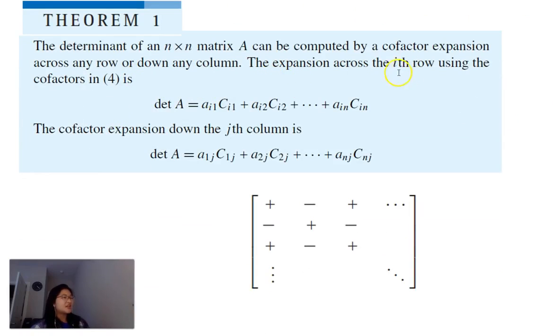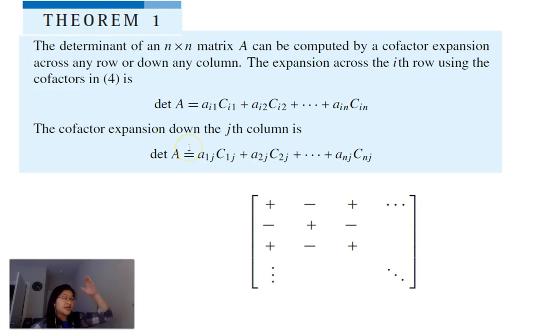So, our expansion across the ith row using the cofactors is determinant of A is equal to our A sub i1 times our cofactor, which is that -1 to the i plus j, so this would be i plus 1 power, times our determinant of the submatrix. And then we just parse through the rest of the row.